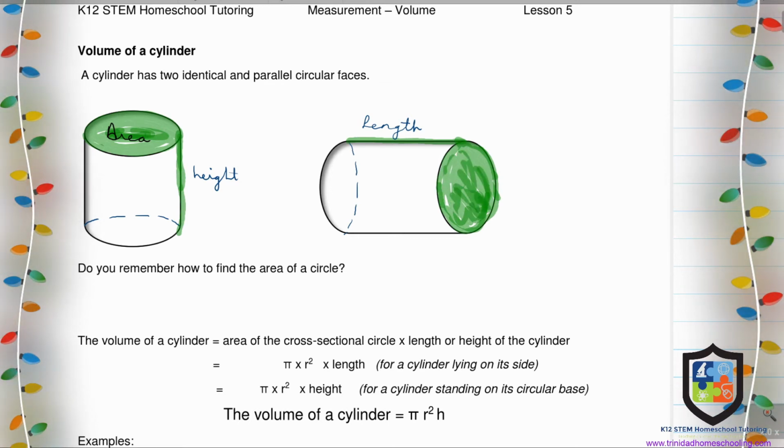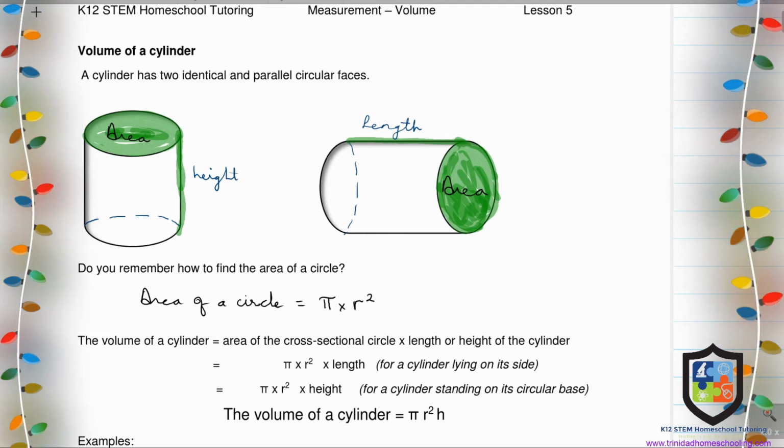Now, do you remember how to find the area of a circle? Right, so the area of a circle, this was in our previous lesson, is pi multiplied by the radius squared.